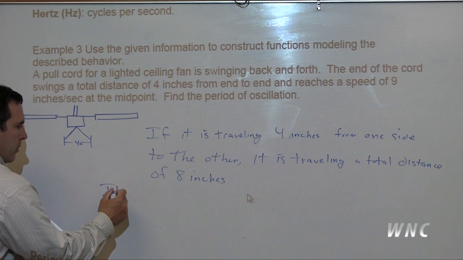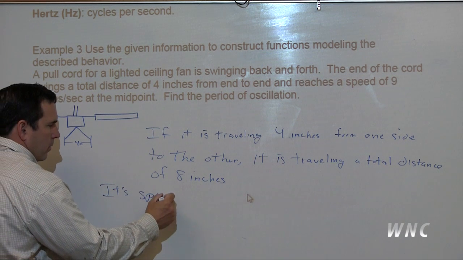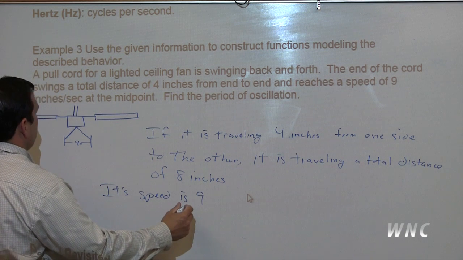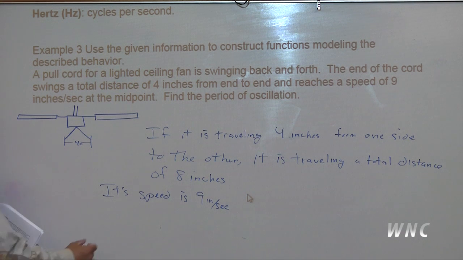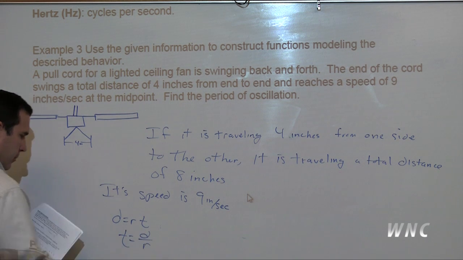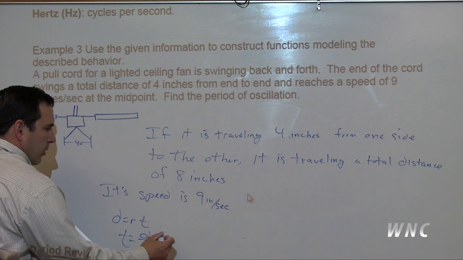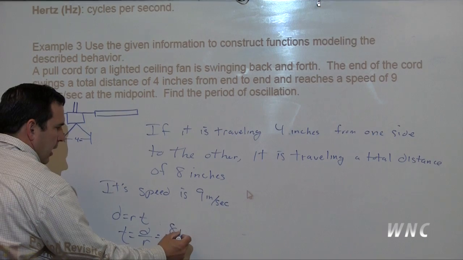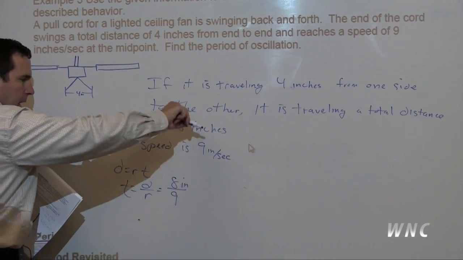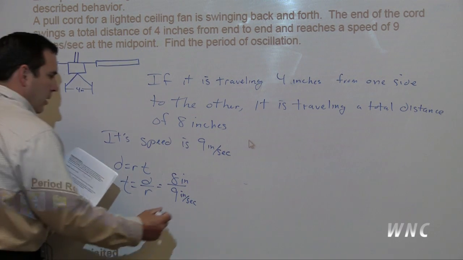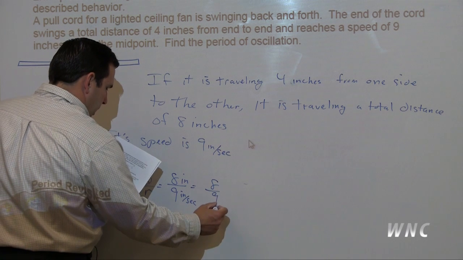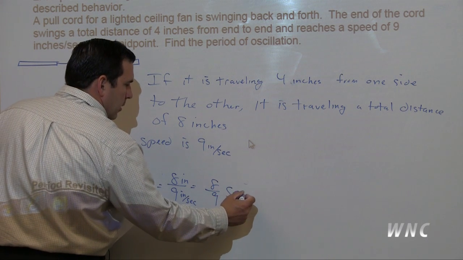So its speed is 9 inches per second. Now we know distance equals rate times time. Time would be distance divided by rate. So that's going to be the total distance of 8 divided by 9. So this is 8 inches, it's traveled going there and back, divided by 9 inches per second. So it's 8/9 of 1 second for one period.